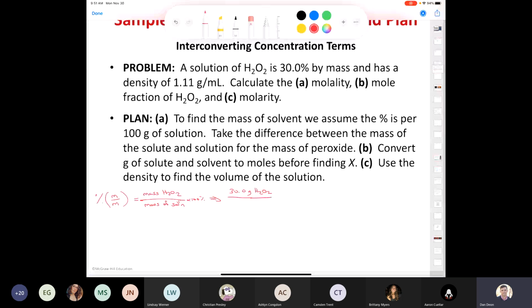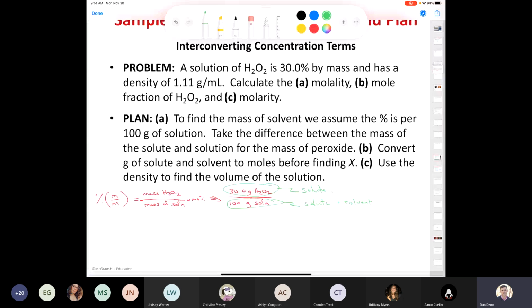Okay, well, from that, we can calculate the molality pretty quickly, can't we? Because we have 30 grams of our solute. But our solution, if it's 100 grams, that's solute plus solvent, isn't it?